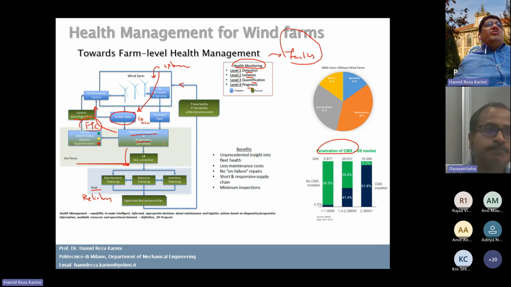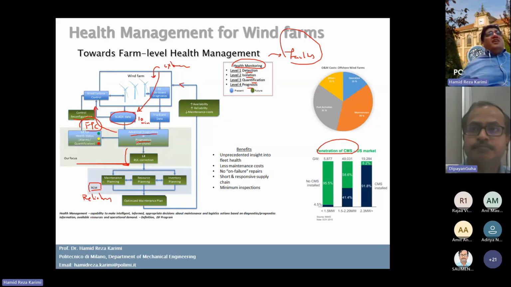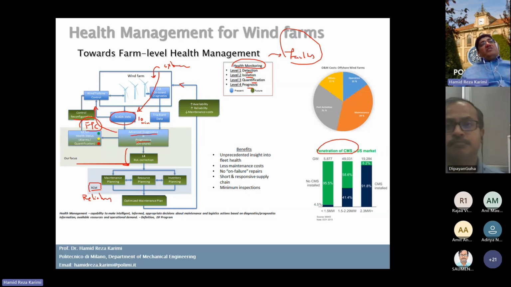At the same time, you need to look at the RCM, the reliability centered maintenance. And in both cases, you can also integrate machine learning, because in SCADA data, for fault diagnosis and also for the attacks, basically the detection part.